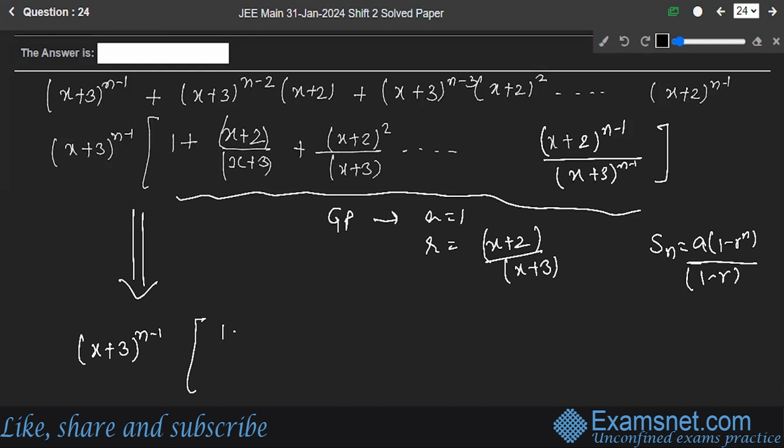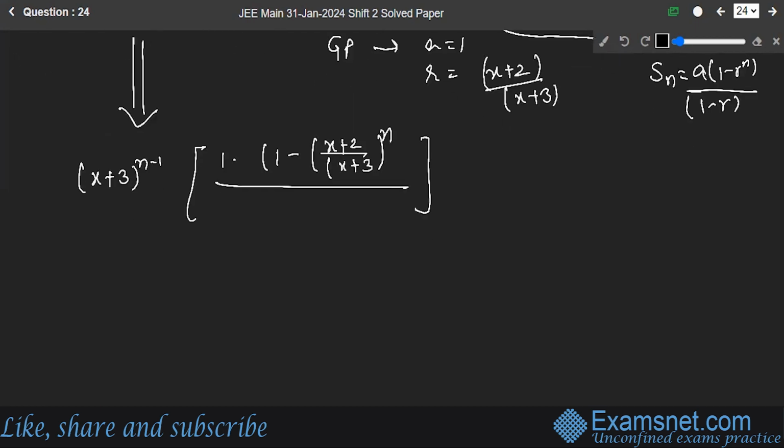Here a is equal to 1, and 1 - r is 1 - (x+2)/(x+3).